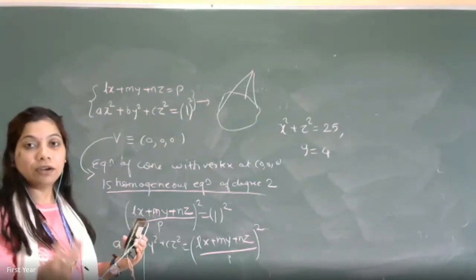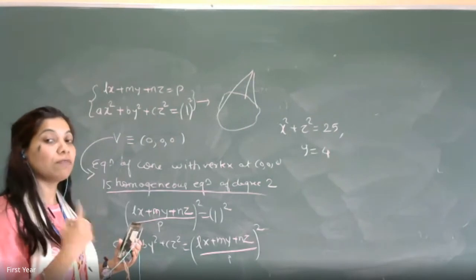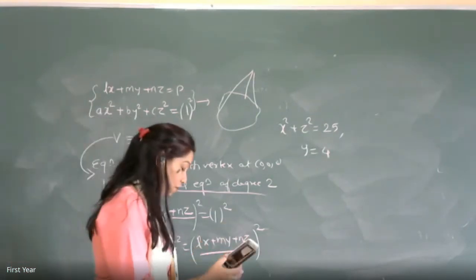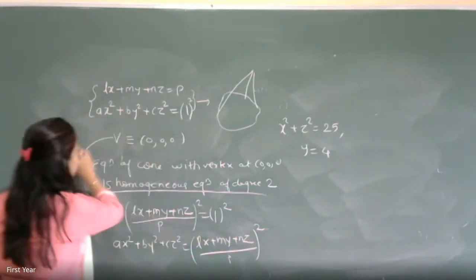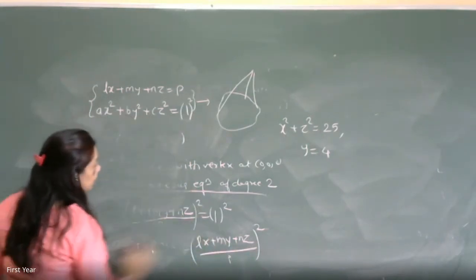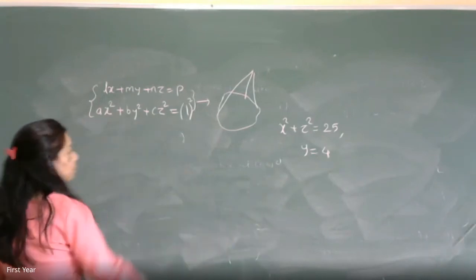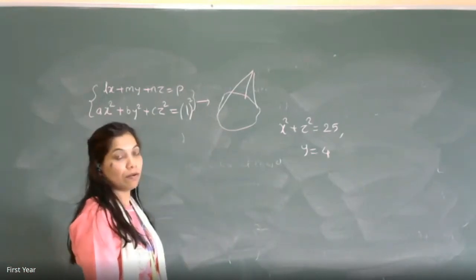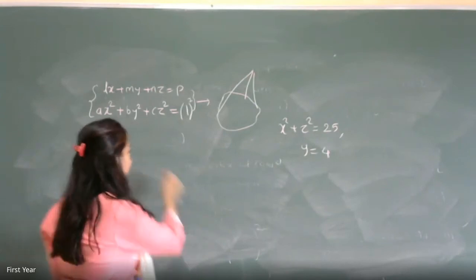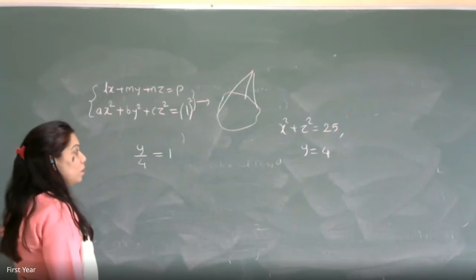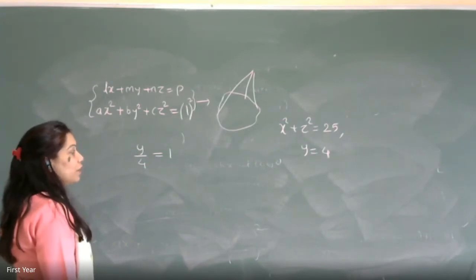So two things you have to find. Find the equation of cone first and then find the semi-vertical angle. Tell me the answer of equation of cone first. Yeah, that is quite simple. Y by 4 is 1.